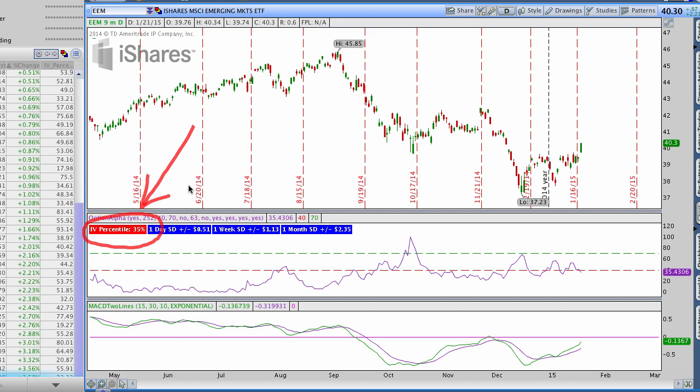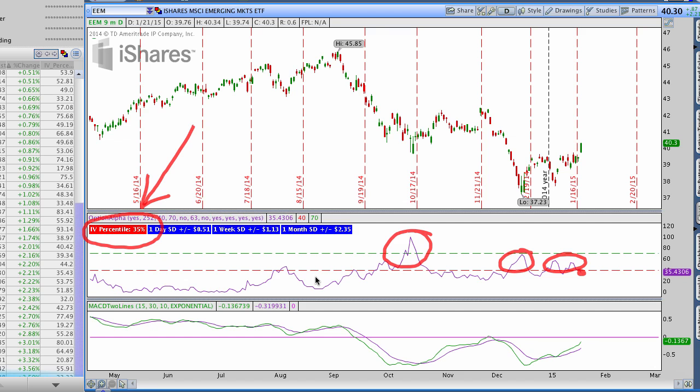It's only lower about 35% of the time. And you can see here graphically, this purple line on the chart, this is IV percentile. You can see just going back historically over the last year that a lot of times implied volatility has actually been much higher than it is right now. So we're actually getting into the market during a relatively low period in implied volatility.